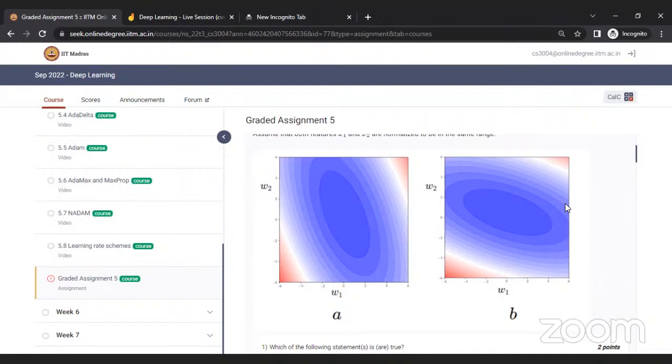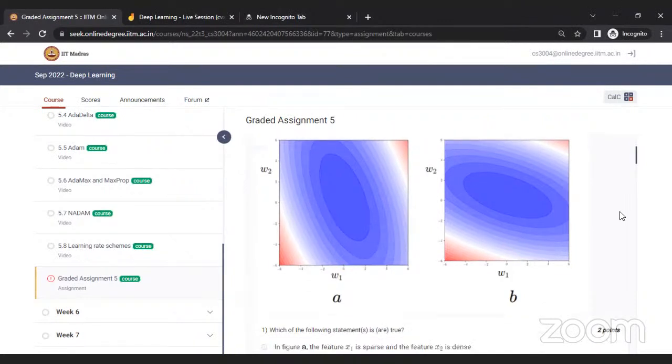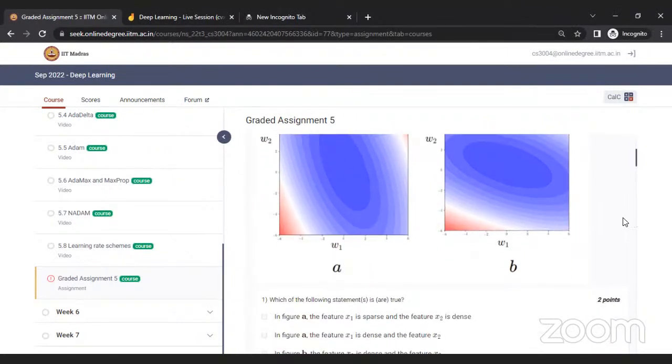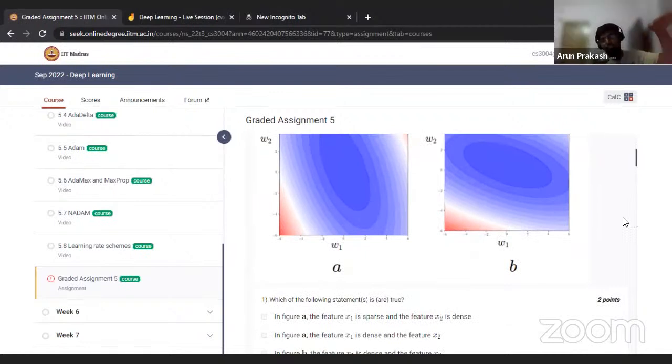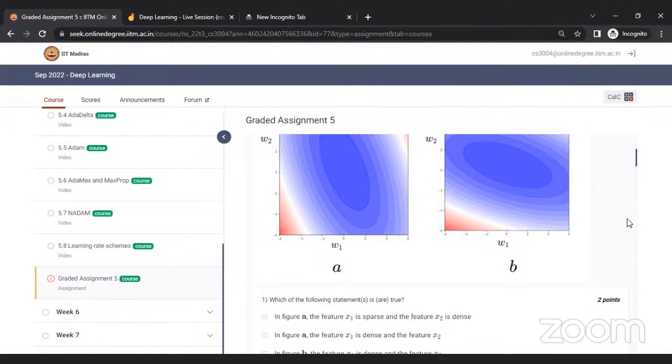If I want to see how fast W1 changes, on the entire image you can move horizontally anywhere. If you move in parallel to the x-axis, you can see the contours are changing rapidly, which means x1 is dense.